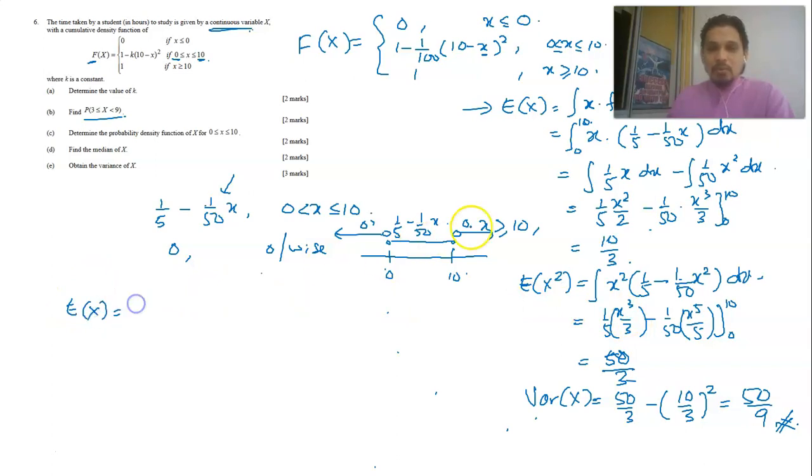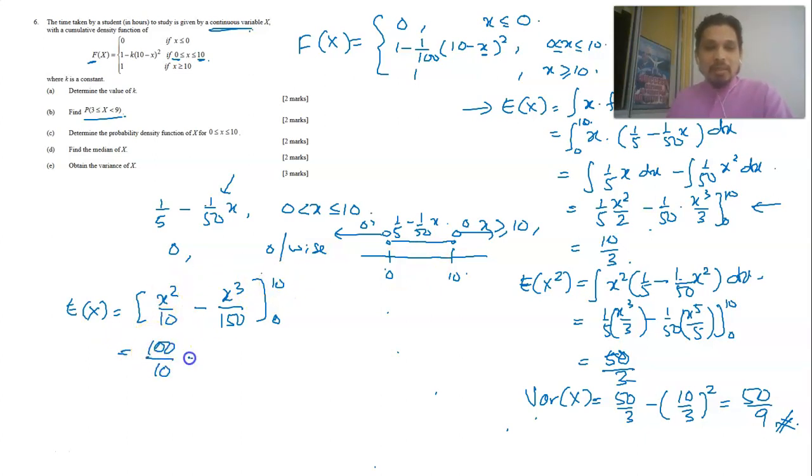Expected value of x equals, okay, I'll take from here. x squared divided by 5 times 2 equals 10, minus x cubed divided by 50 times 3 equals 150, from 0 until 10. So the first one, substitute x with 10. 10 squared equals 100 divided by 10, minus 1000 divided by 150, minus 0, and then also 0.